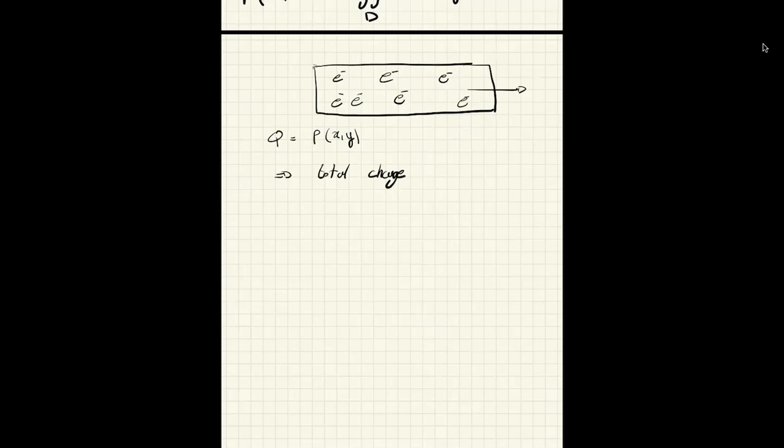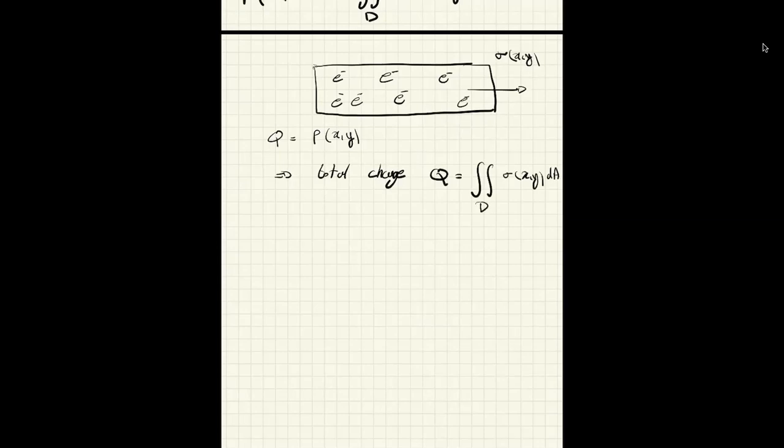So that's exactly the same thing. Q will be just the integral of, let's call it sigma here, where sigma is the number of electrons per unit square. So you just have to integrate sigma dA over the rectangle D.